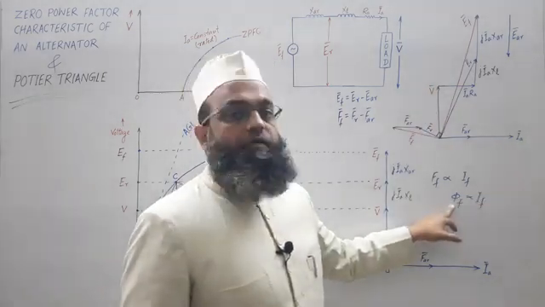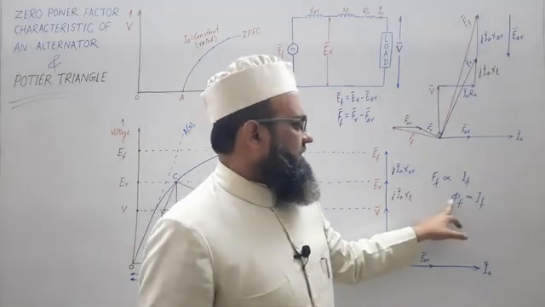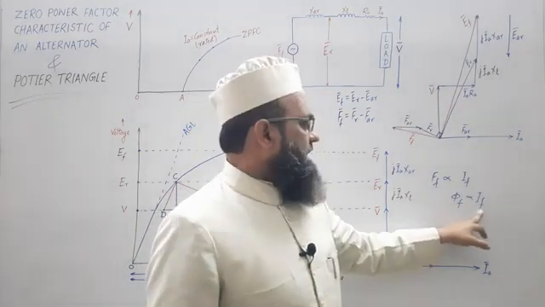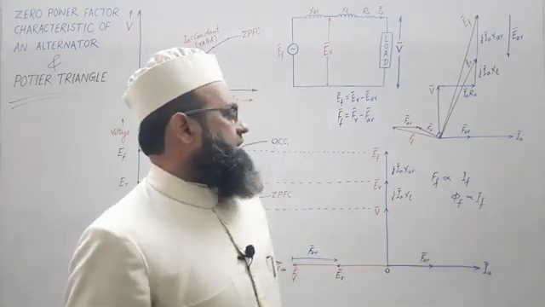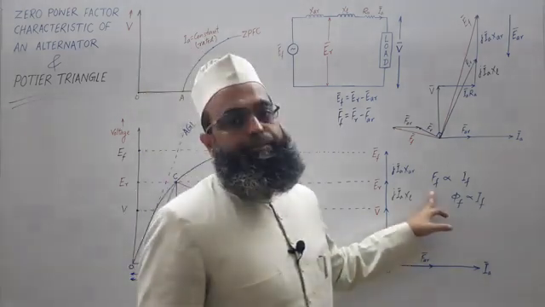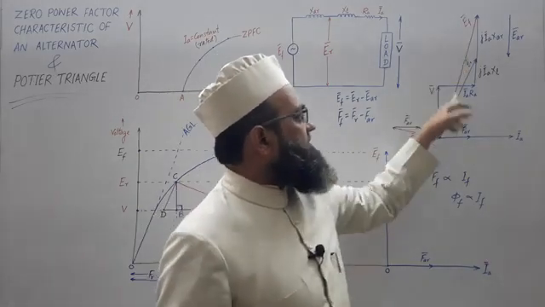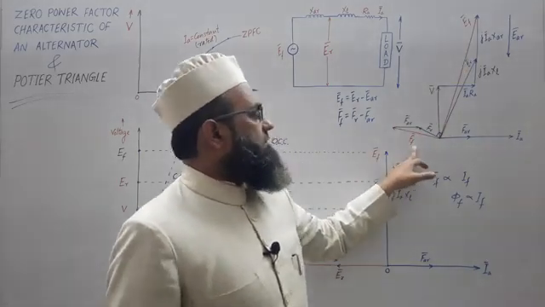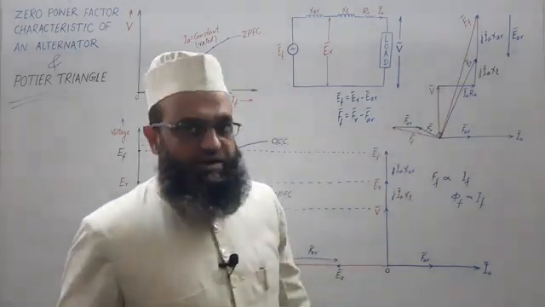So phi f leads EF by 90 degrees. Phi f is in the same time phase as IF, and IF is proportional to FF. So we can say that field MMF will lead EF by 90 degrees. This red color is EF and this red color is FF.